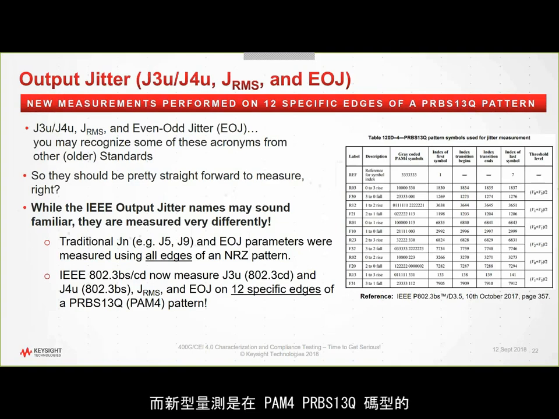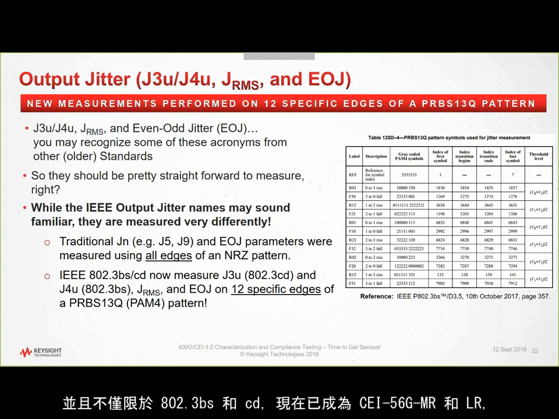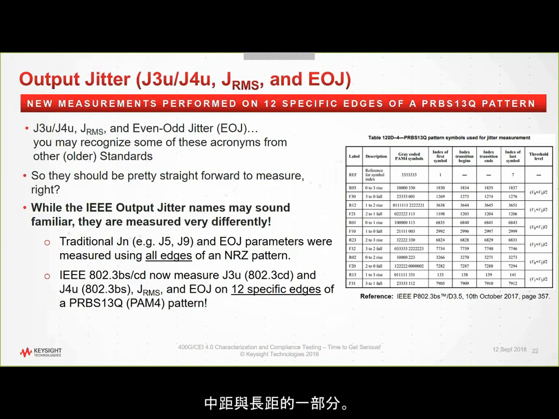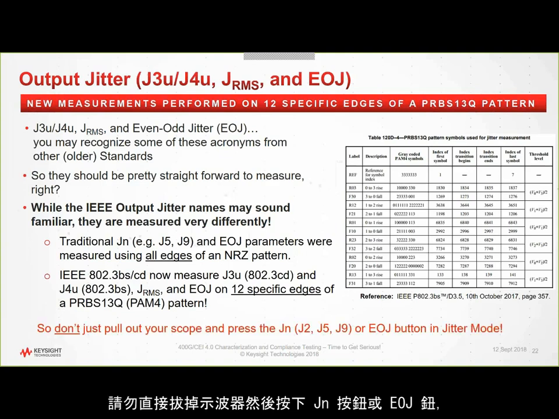These new measurements are made on 12 specific edges of a PAM4 PRBS13Q pattern. Not only for 802.3BS and CD, but they're now part of CEI 56G, MR, and LR, medium reach and long reach. So don't just pull out your oscilloscope and press the JN button or the EOJ button, because chances are it hasn't been optimized for PAM4.